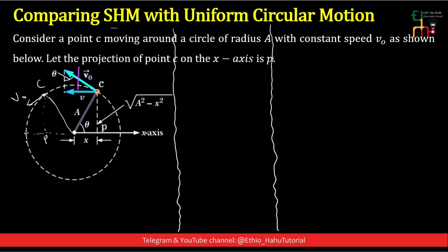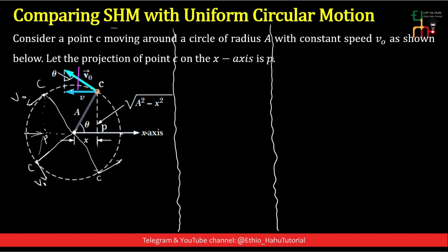When point C reaches this point, the projection returns to its initial direction and moves in this direction. When it reaches this point, the projection becomes this one. And when it reaches this point on the x-axis, the projection coincides with the point.